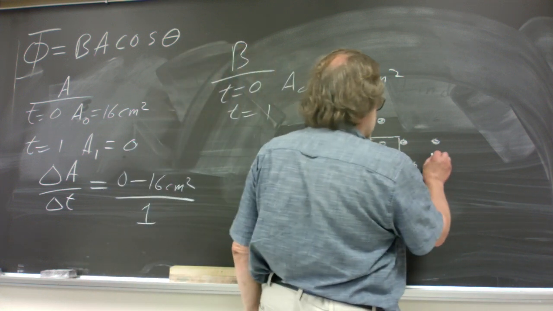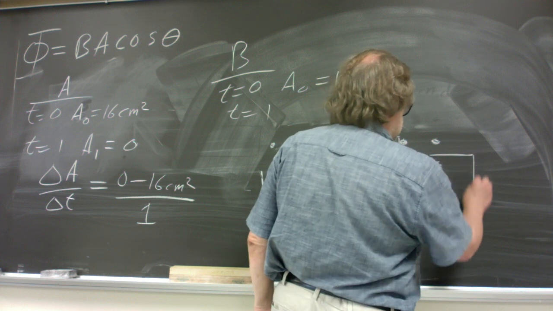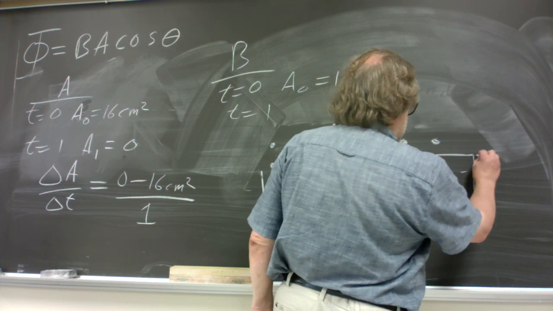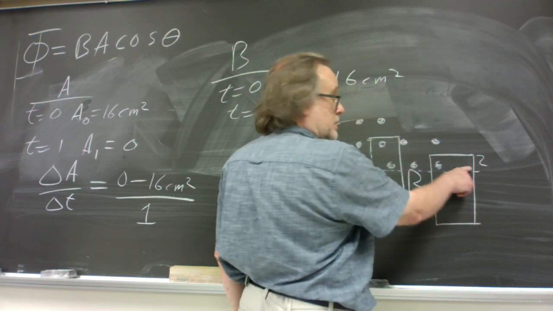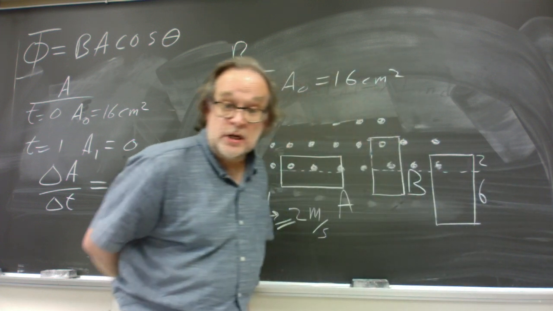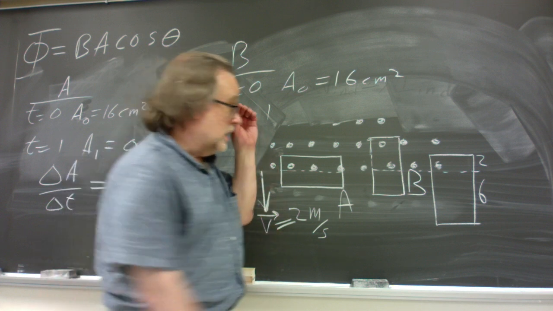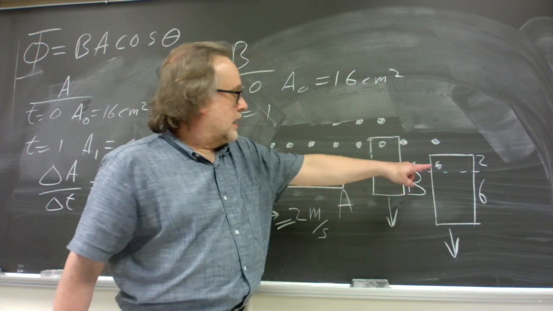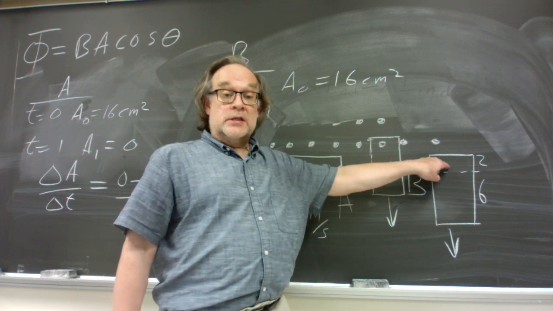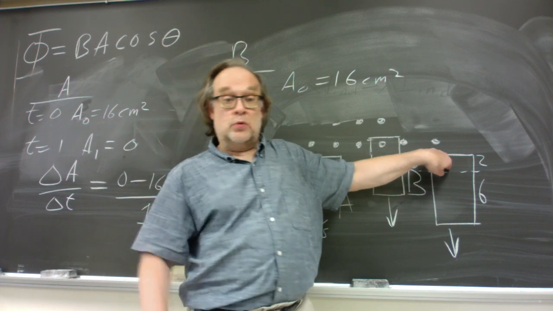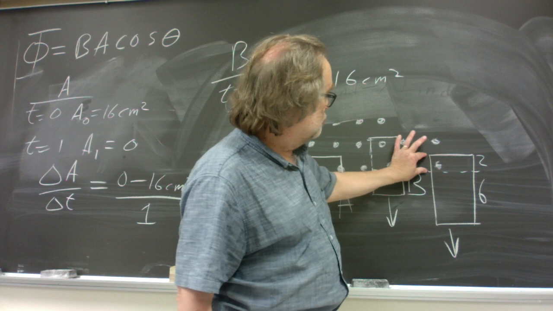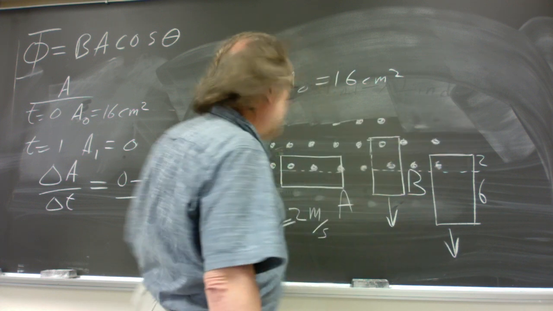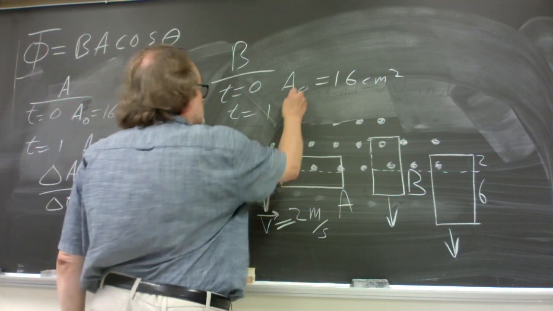It's now looking like that. Here's 2 centimeters and then 6 centimeters outside. Well, it's falling. So now, after 1 second, the area inside the loop is not 0 like it was for loop A. It's 2 times this width, which is 4, or 8 square centimeters.